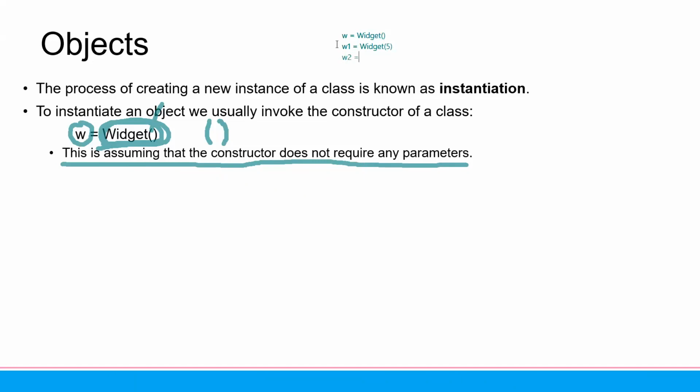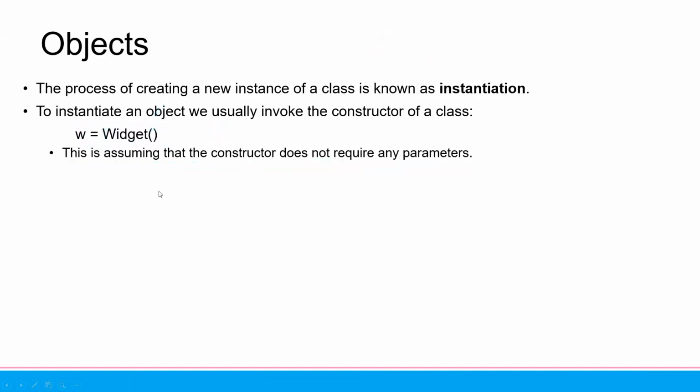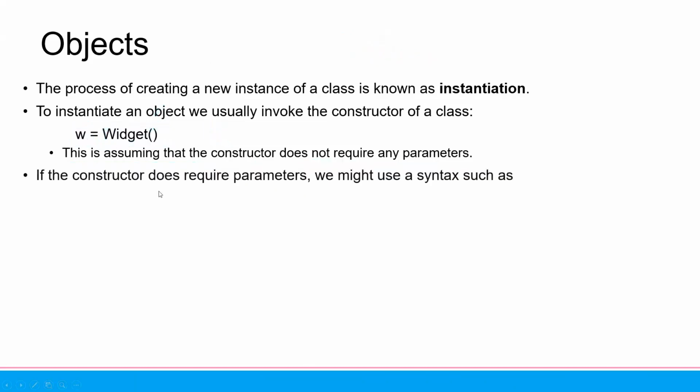If you have more than one parameter, let's say 5 and my name Bernardo, then you will have two values for the parameters. If the constructor does require parameters, we might use a syntax like this one.